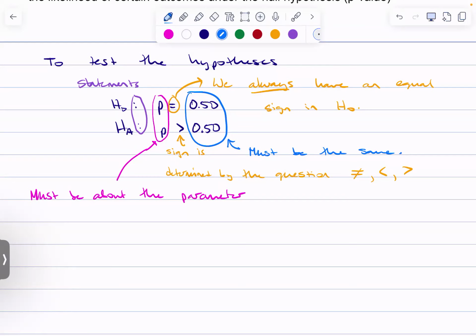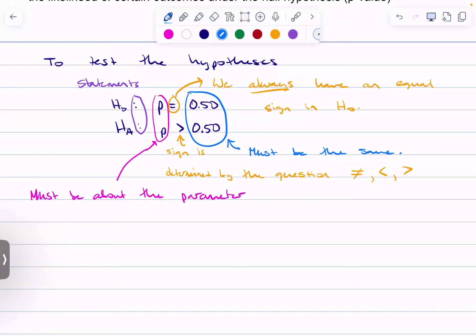I would say reading a question and setting up your null and alternative hypotheses is going to be one of the hardest parts. But with practice, you'll start to think, oh, I know how to set this one up, I've seen something like this before.